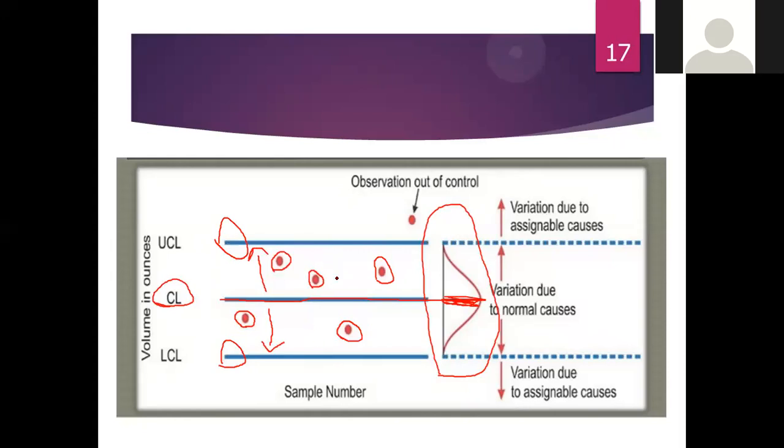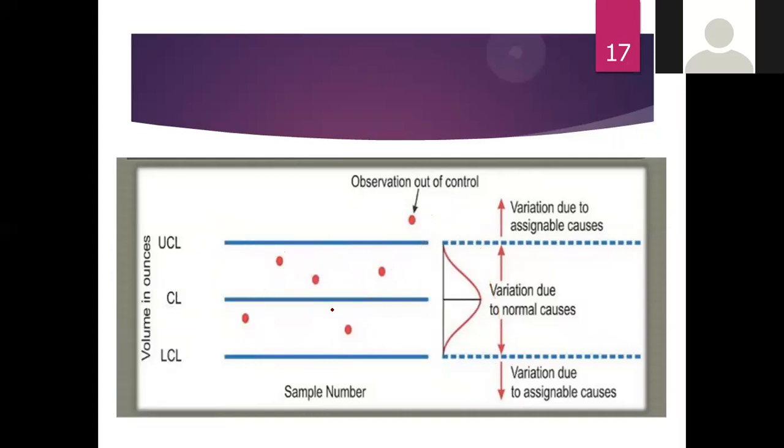So within this range is the variation due to normal causes. Variations due to normal causes, you can accept this. Normally this happens. You don't need to worry about it.